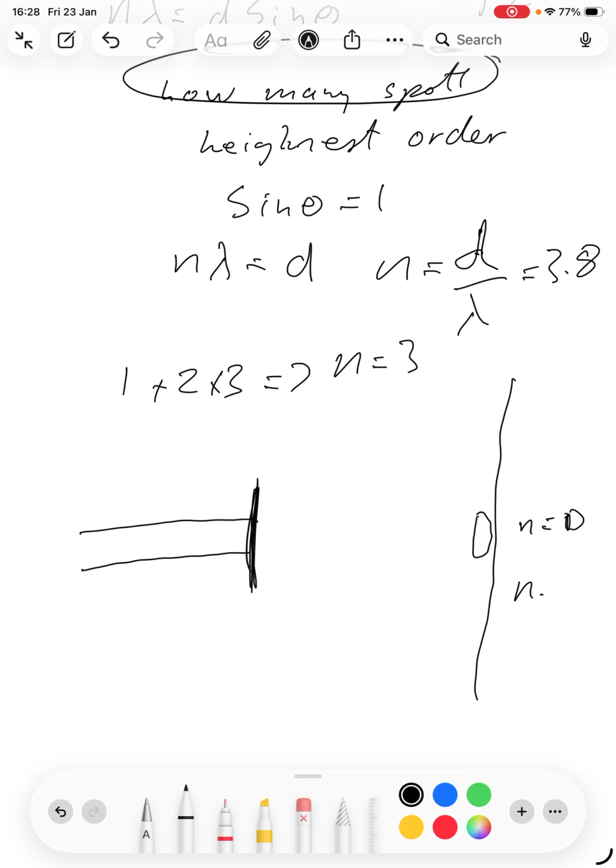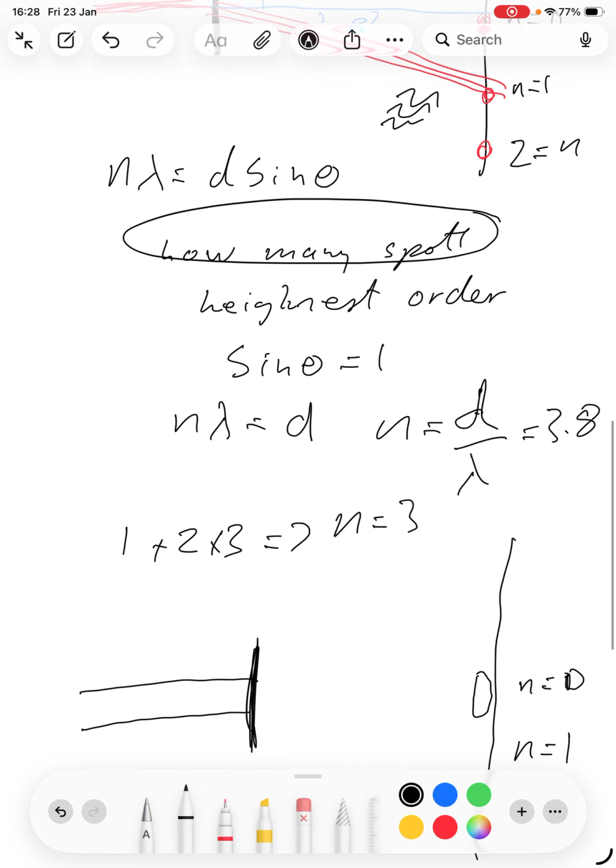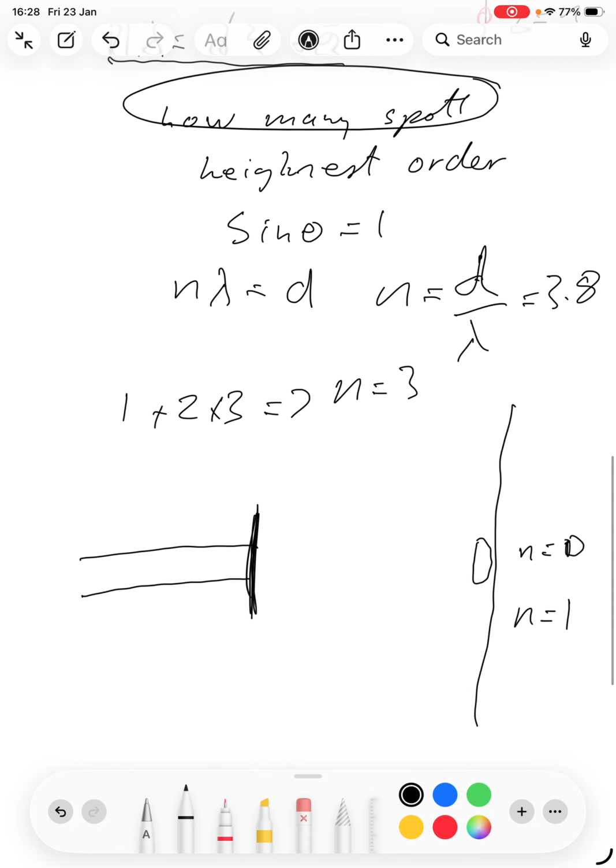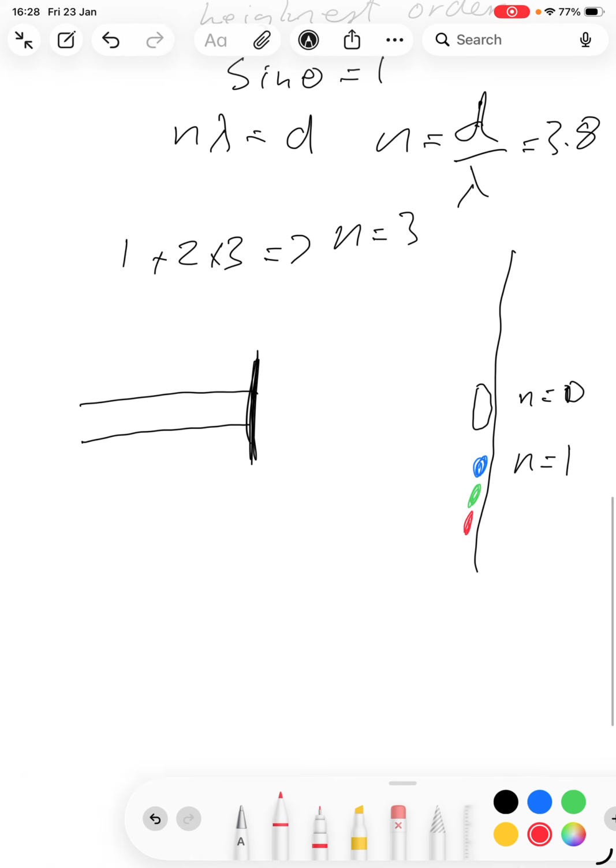And then for n equals 1, we go back to look at the equation. N lambda equals d sine theta. Longer wavelength will give a greater angle. So we will see initially blue light, going through green light out to red light, and we would see a really well-defined spectrum.